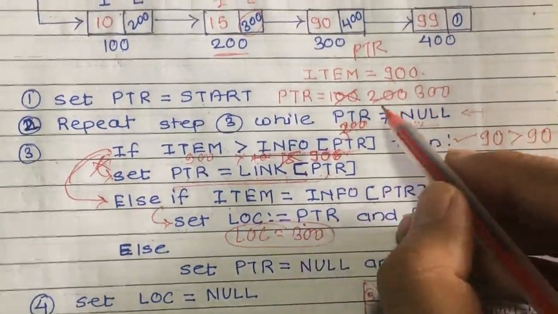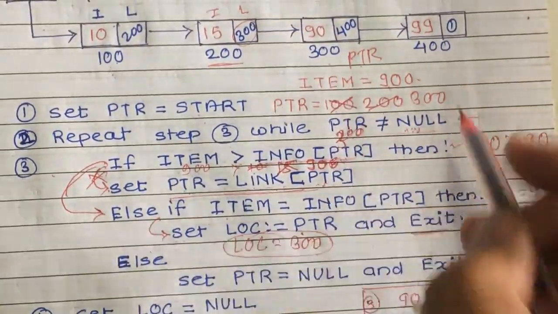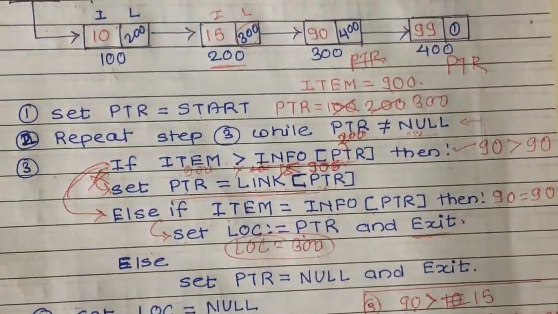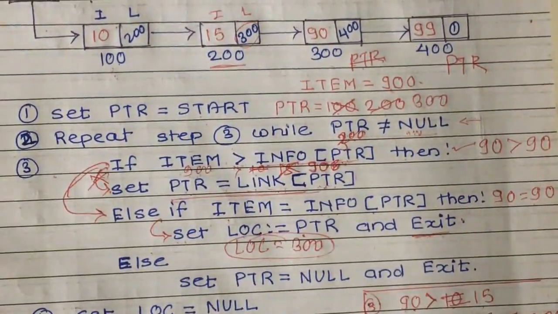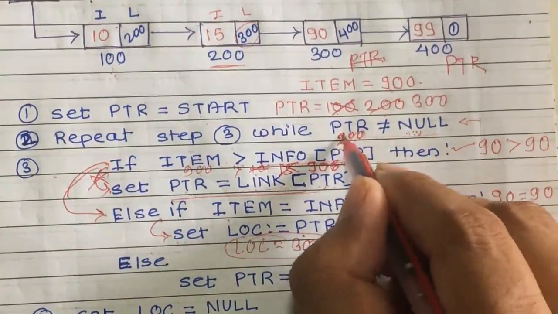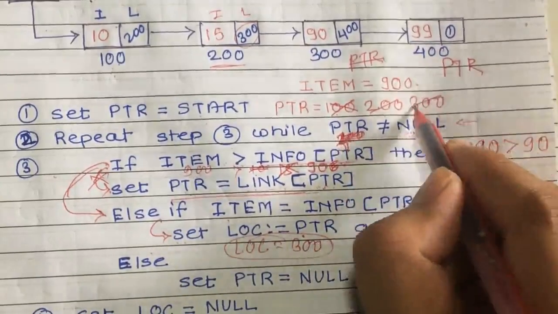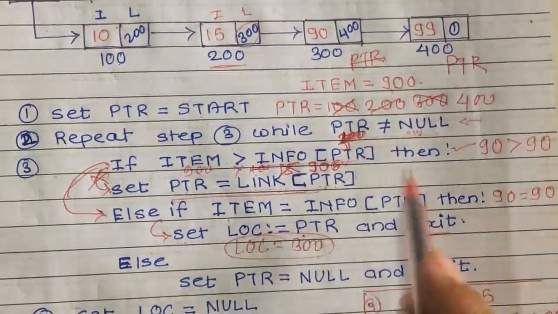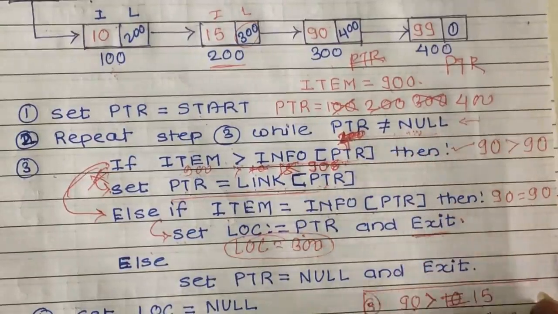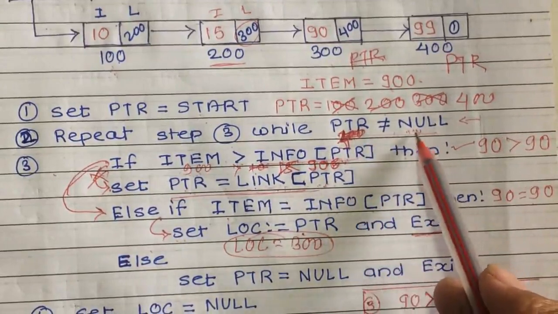Now instead of PTR pointing to the 300 location, it will point to the next, that is the 400 location. Again same. Control will come over here. Now the value of PTR becomes 400. 400 is not equals to null.